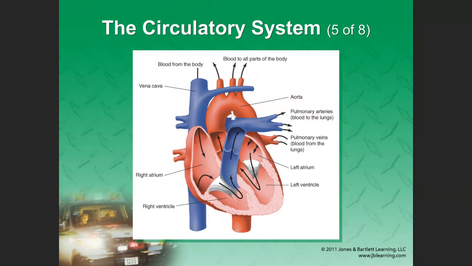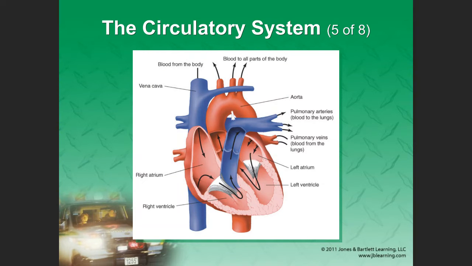Now, once the blood is properly oxygenated, it will be pumped from the lungs via the pulmonary veins, two coming from the left, two coming from the right, and that oxygenated blood will end up in the left atrium.